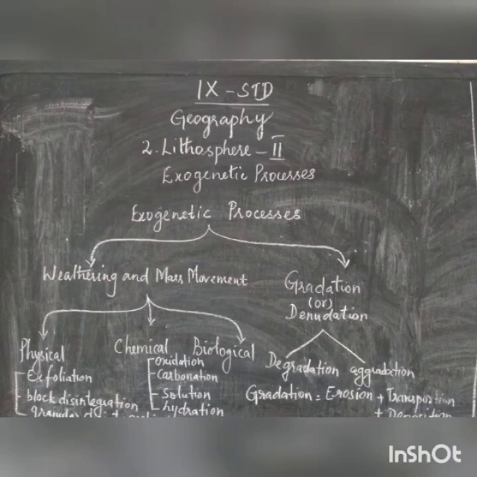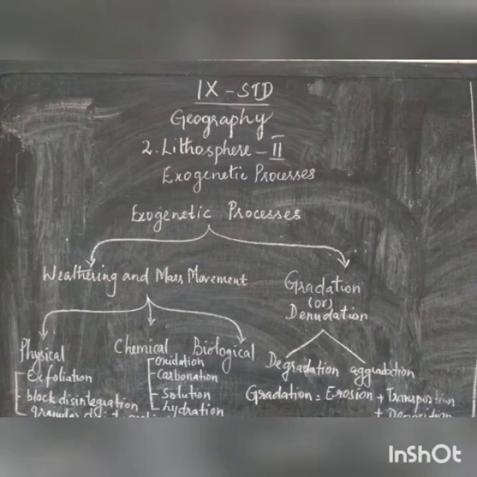Granule disintegration takes place in crystalline rocks where the grains of the rocks become loose and fall out. This is due to the action of temperature and frost. Next one, block disintegration. Repeated expansion and contraction of rocks during the day and night respectively causes stress on the joints of the rocks, which results in block disintegration.